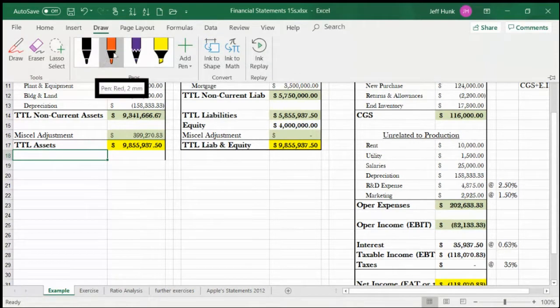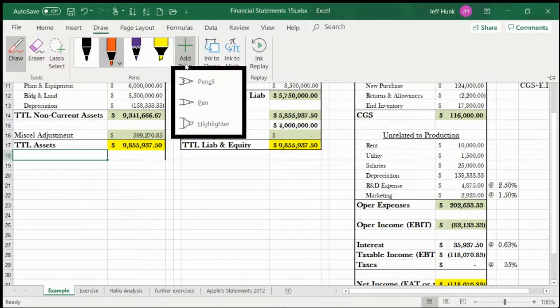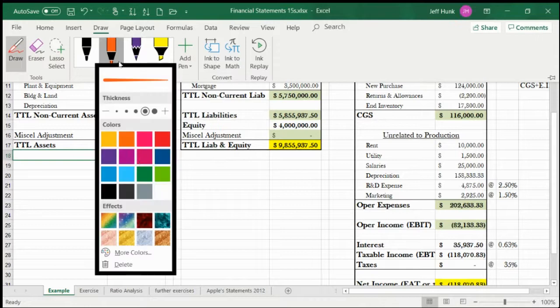Let's say we are calculating the book value, right? Let's try this time.